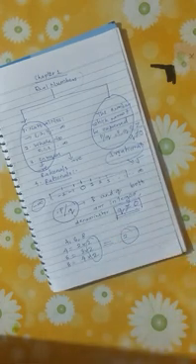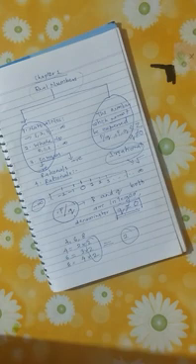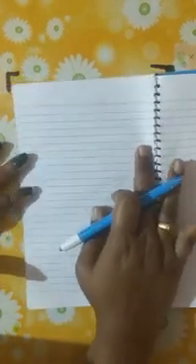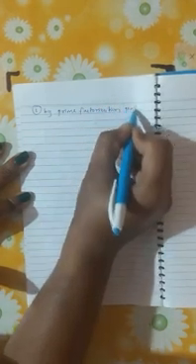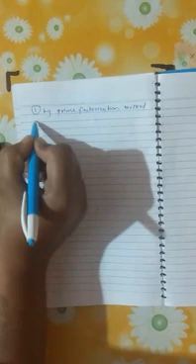Now there are two ways of finding the HCF of any given positive numbers. You have learned it in lower classes. The first method is the prime factorization method, and the second is the division method.